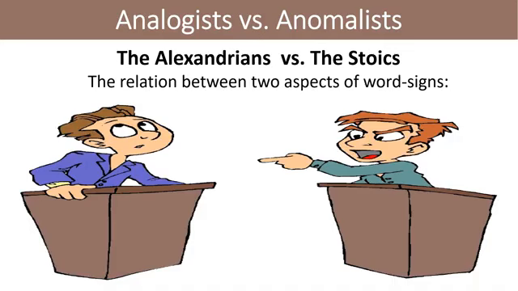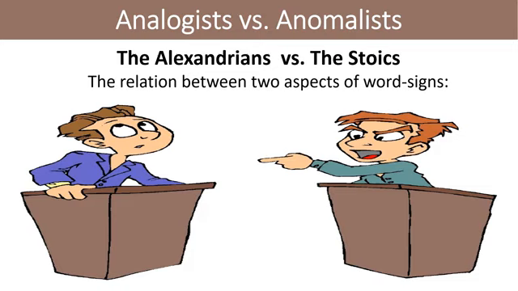Themes of importance in the Greek tradition included the origin of language, part of speech systems, the relation between language and thought, and the relation between the two aspects of word science, whether form and meaning are connected by nature or purely by convention.